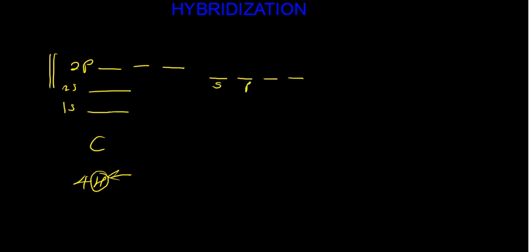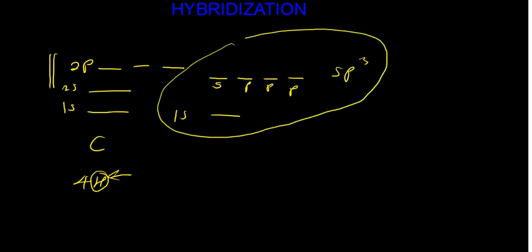This is what we call the sp3 hybrid. The 1s still remains. So when carbon undergoes hybridization, we have the 1s and then the sp3 orbitals.